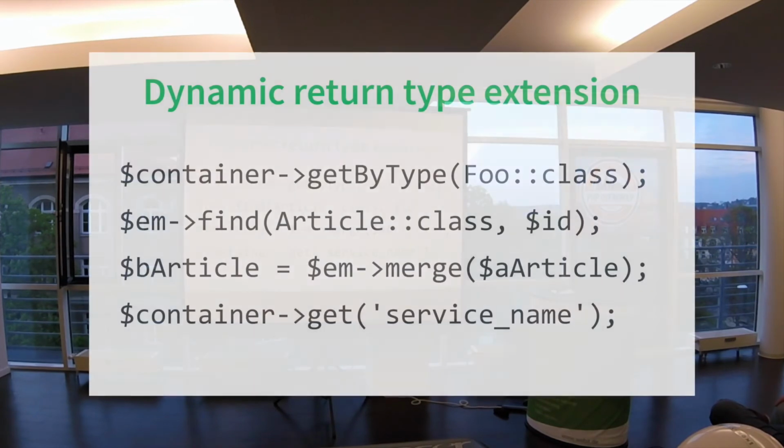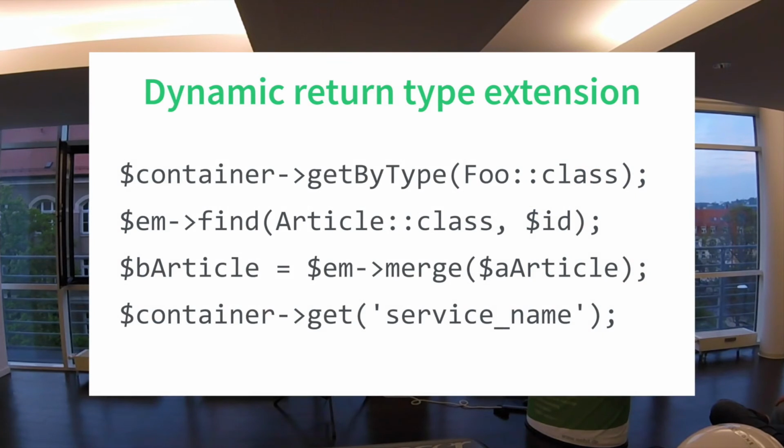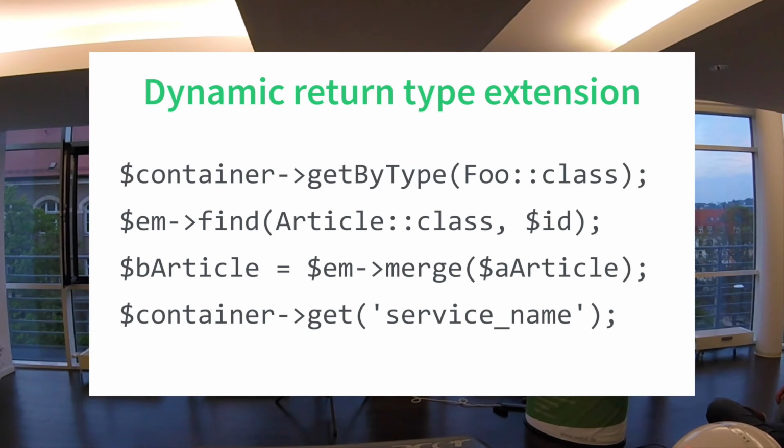There are cases of functions that cannot be documented properly in PHPDoc because their return types are dependent on what we pass to the function. They are dependent on input to the function. So for example, in the first line we can be sure that the object returned by getByType is of type Foo. That's the same in the second case.